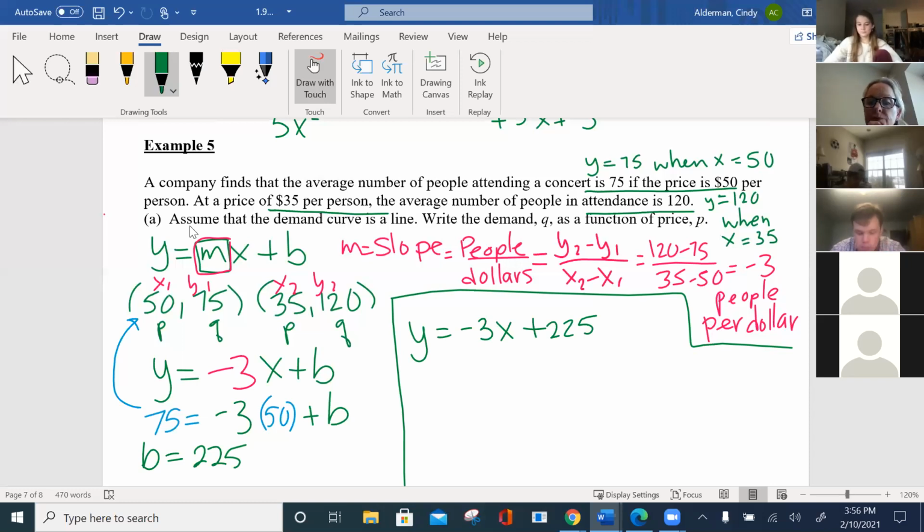So what we've done is we wrote the demand as a function of price, but they want you to use Q and P, right? So we can say that Q is equal to, well, actually, let's write it like you would if you were in Algebra 2. Q is equal to -3x plus 225.